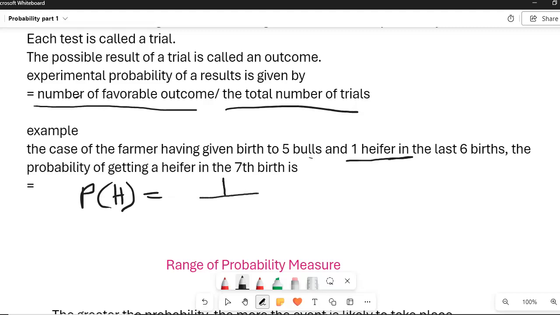Then we divide by the total number of trials. In our case, we have 6 births, so we divide by 6. Our probability of the 7th birth being a heifer is 1 out of 6.